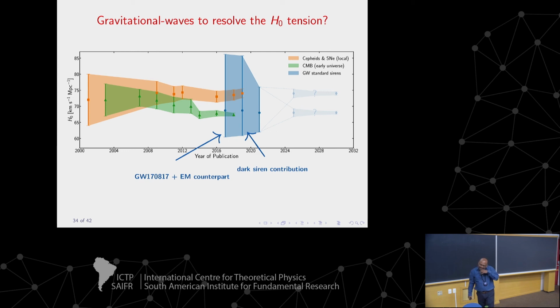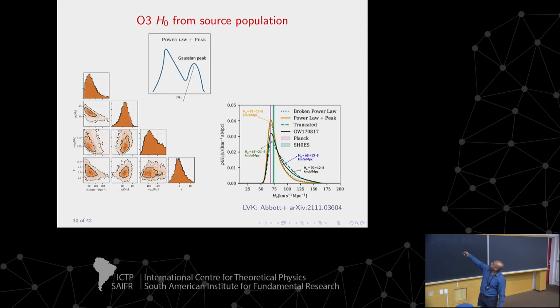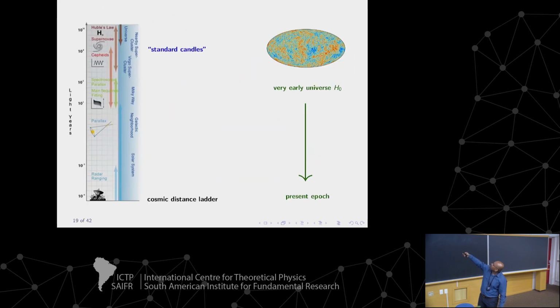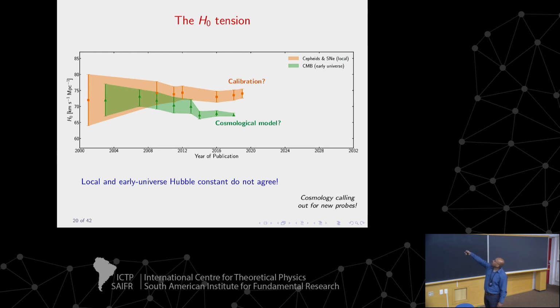Okay, so the thing is, if we agree with the Planck measurement, then that would signal that there is probably some problem with the calibration of the supernova results.